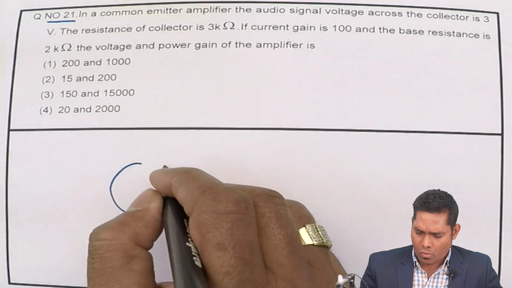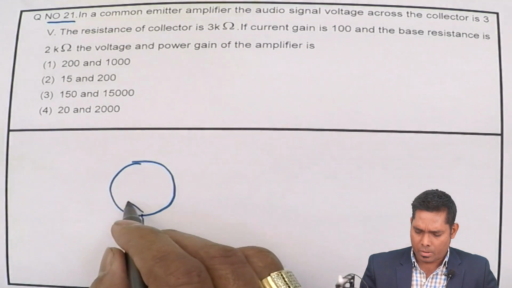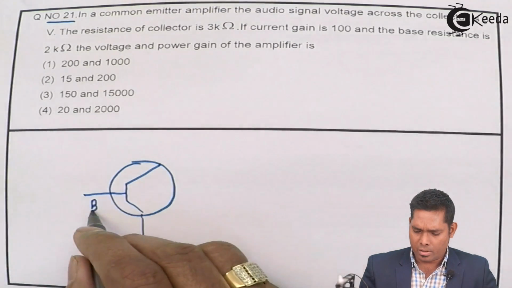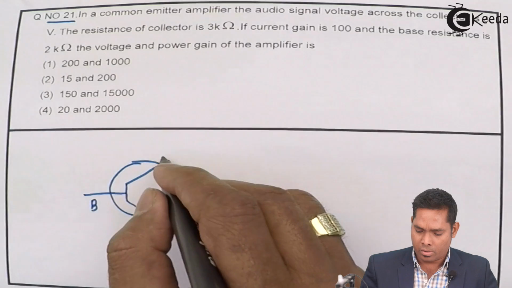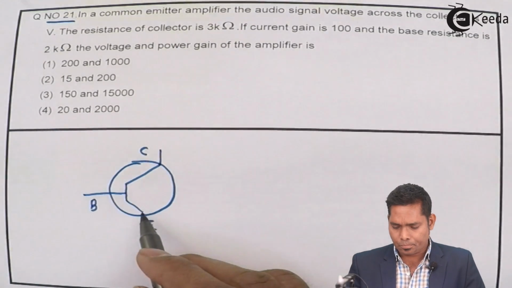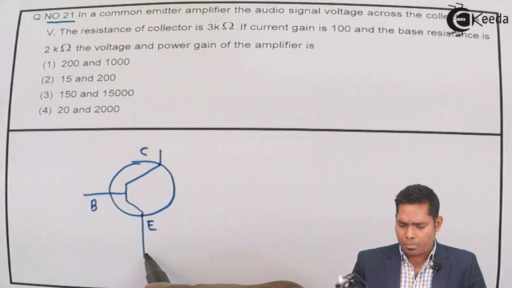So in case of a common emitter, the emitter is common. This is the base, this is the emitter, and this is the collector. This is a transistor with the emitter being common.